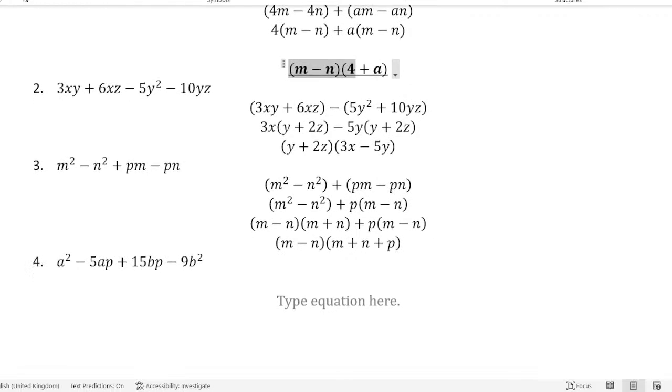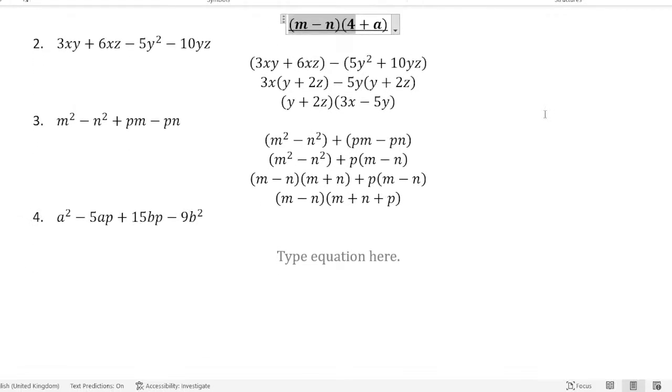Then for number 2, we have here 3xy plus 6xz minus 5y squared minus 10yz. So we grouped them together. We didn't change it, we just grouped these two together and these two together, right?